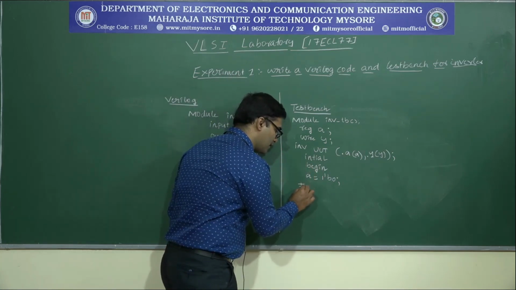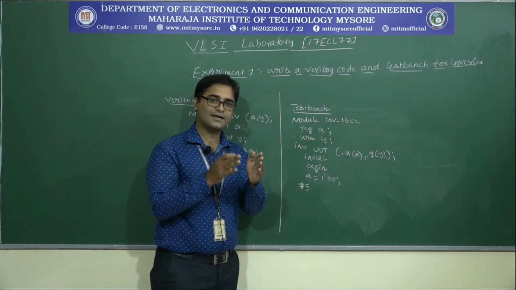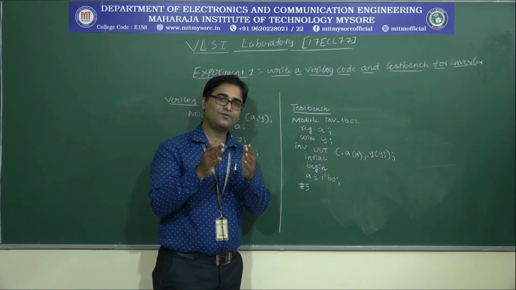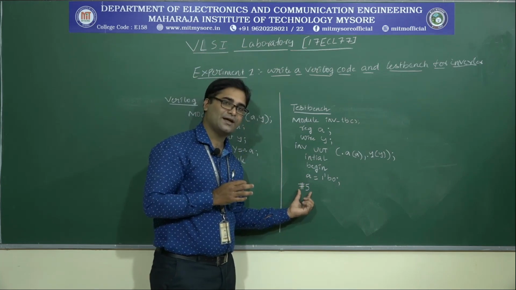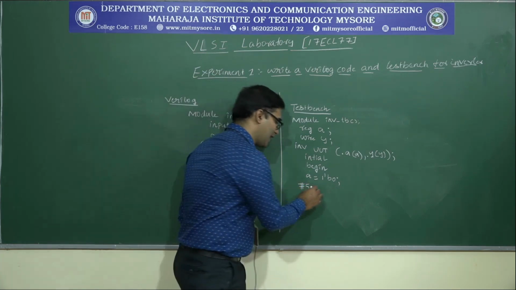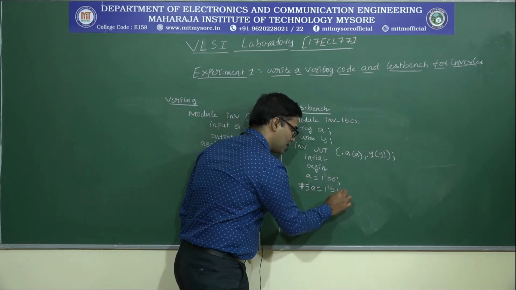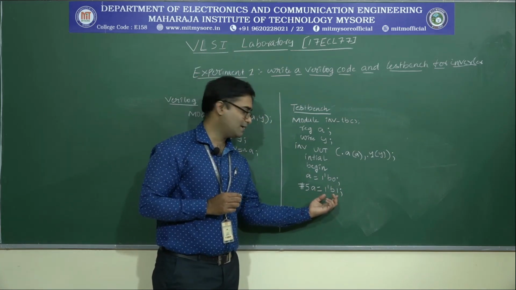Next, after 5 seconds, that means from the 6th second the input value changes, what we have called hash five, and we will define another input as one bit, and the assigned value is 1.